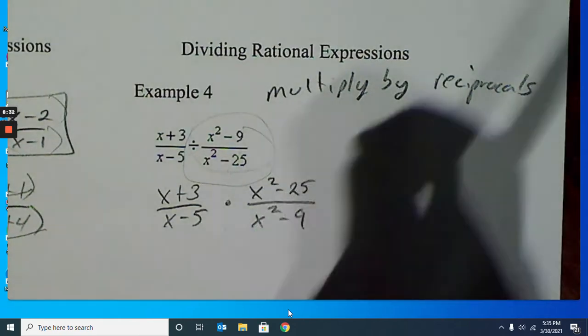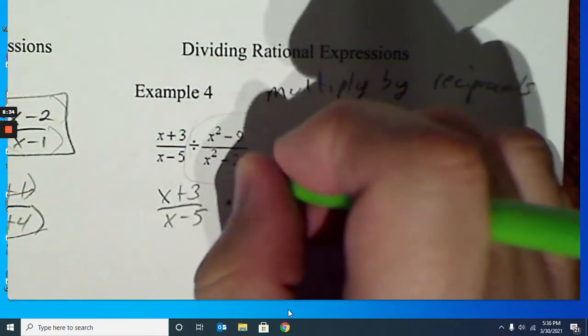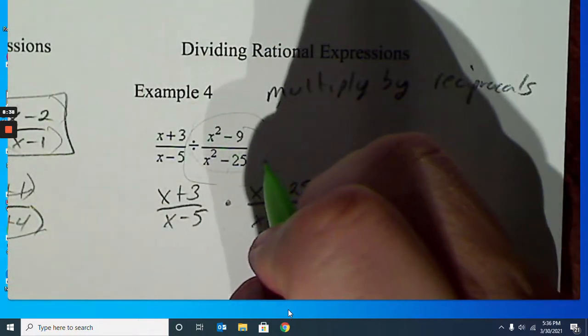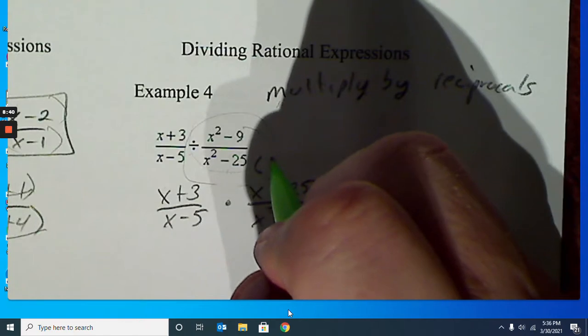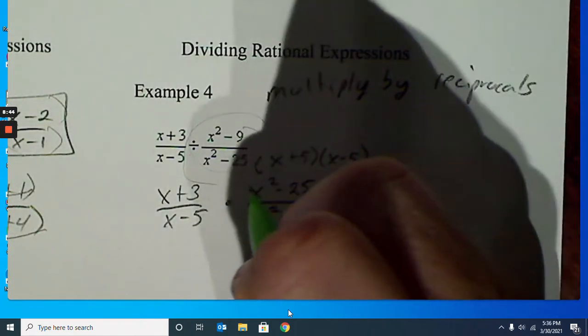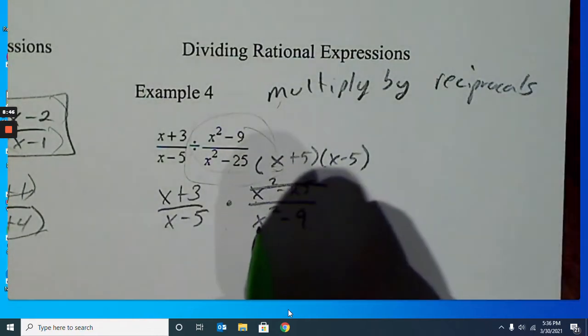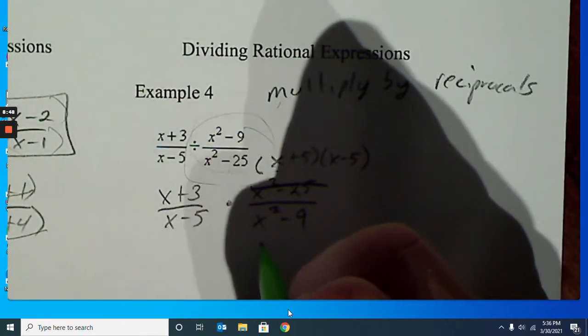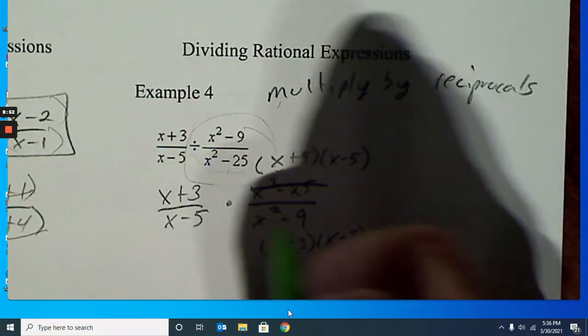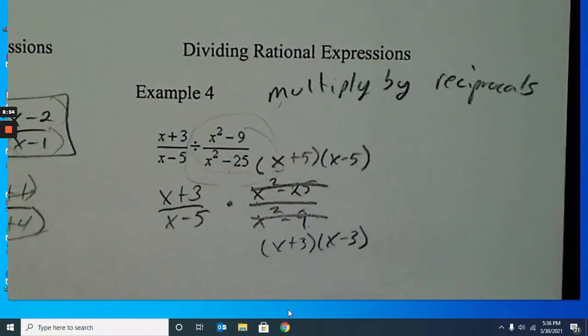Then I can take this and change it into factors. Well, this is the difference of squares again, which means this can become, and I'm going to write this up here now, x plus 5 and x minus 5. Difference of squares right here, so I can make this become x plus 3, x minus 3. And now I can reduce.